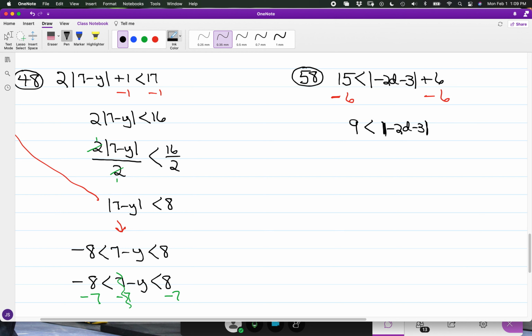And if I reformat this statement with the absolute value term on the left-hand side, I'm just going to switch this around. To say that 9 is less than the absolute value of negative 2d minus 3 is logically the same as the absolute value of negative 2d minus 3 is greater than 9. Okay.